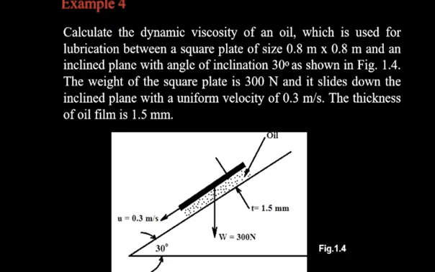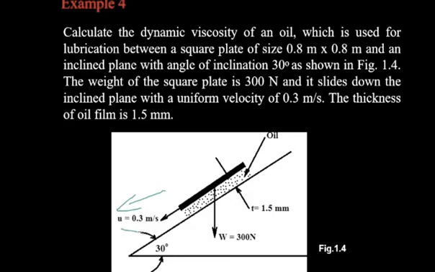Here see, the weight of the square plate is 300 Newton. And this plate with an inclination is given, means due to gravity it will come downward only. This type of problem you have solved in your first year, the wedge problem. Remember that. So u is 0.3 meter per second.